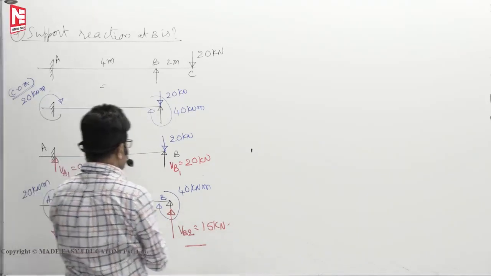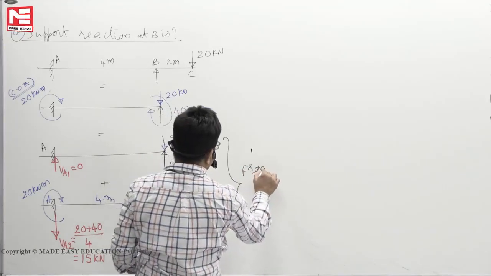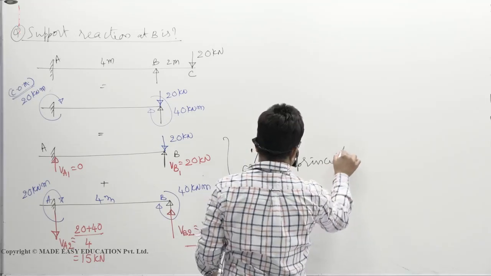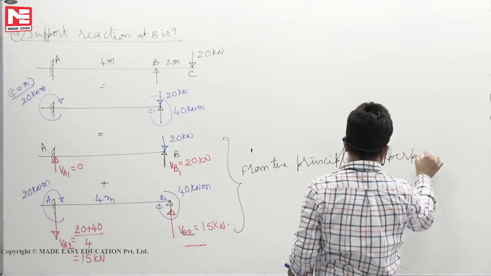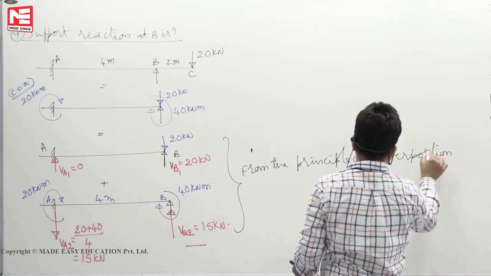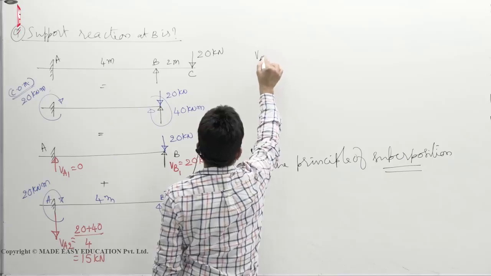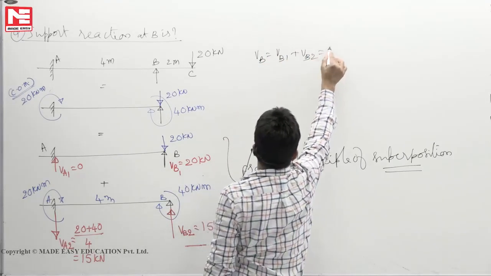Now from the principle of superposition, add them. Now total reaction VB is nothing but VB1 plus VB2.